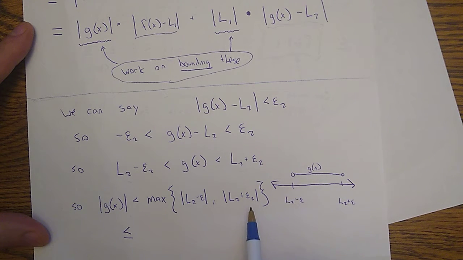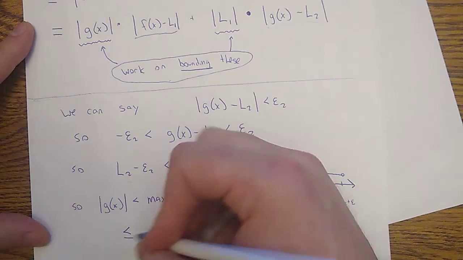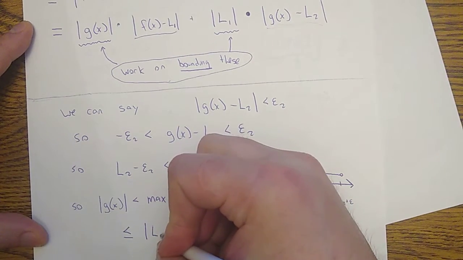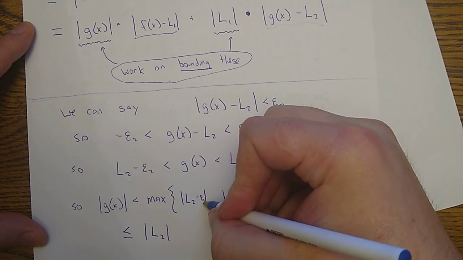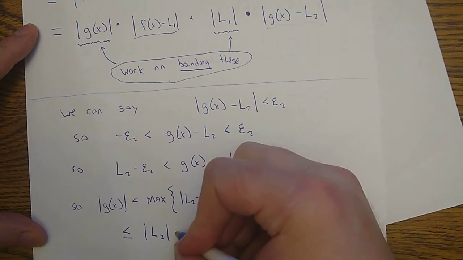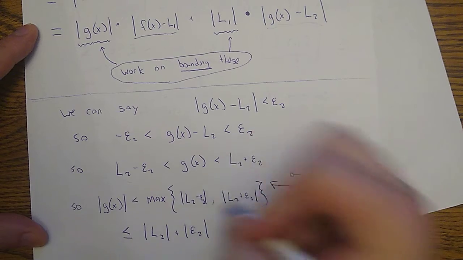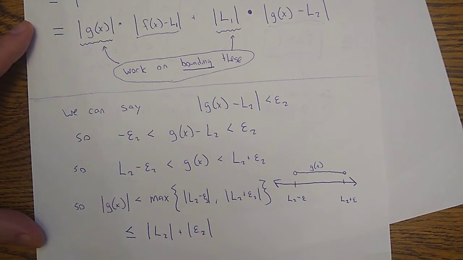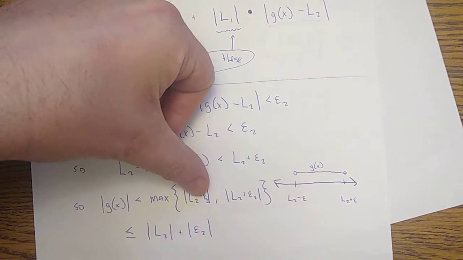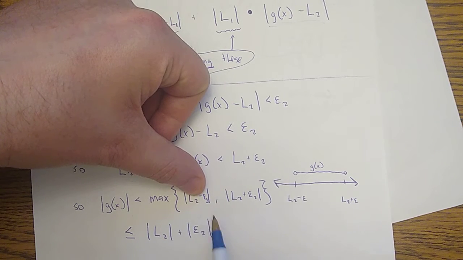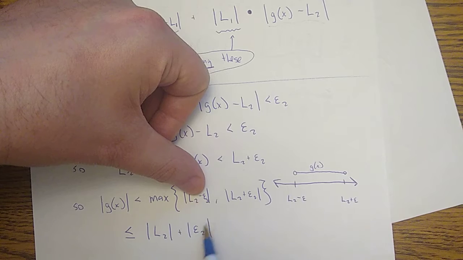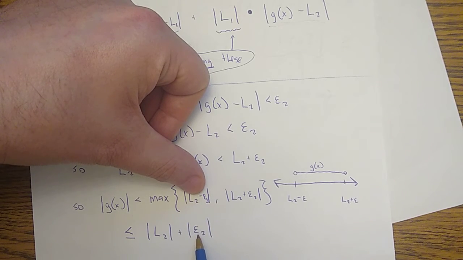I can use the triangle inequality on both of these, and actually, whichever one of these, whoops, forgot the 2 here. I can just write this. If I applied the triangle inequality to this one, I would get this, because the absolute value around epsilon 2, that just goes away, of the negative sign, I mean.